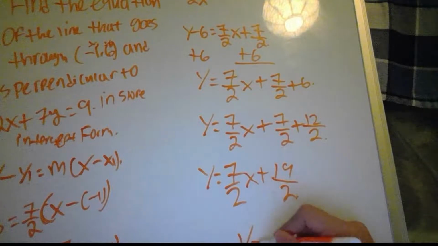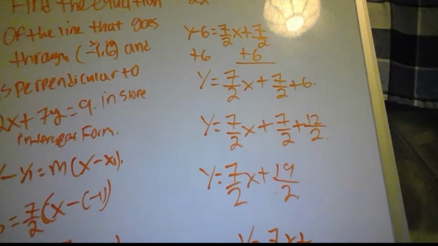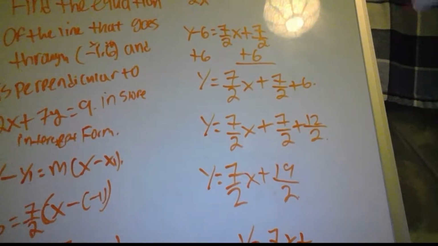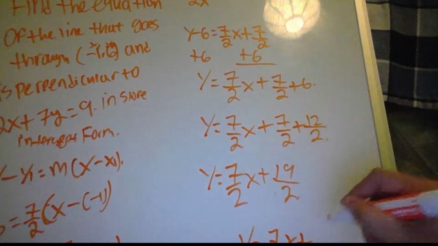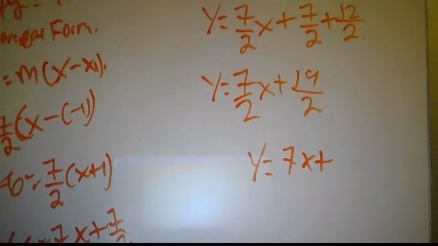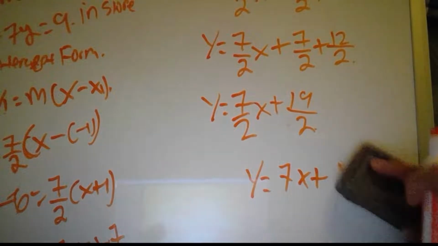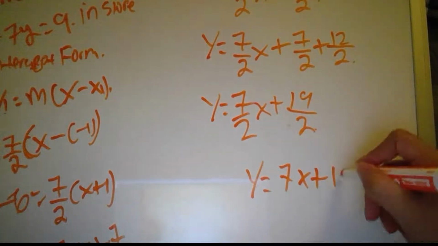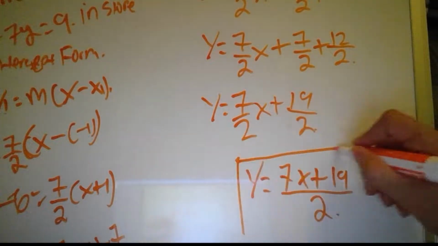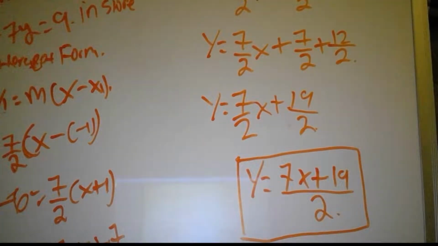So then y equals 7x plus 19, all over 2. Okay, that is going to be our final answer.